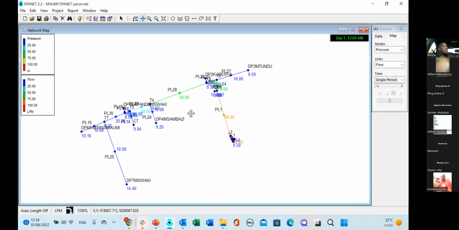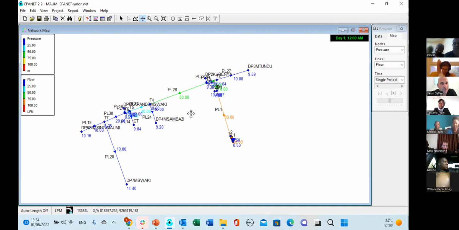So we can simulate a system with demand nodes that are pressure dependent. It's a more complex way to simulate the system, but I think the simplified way is usually okay.